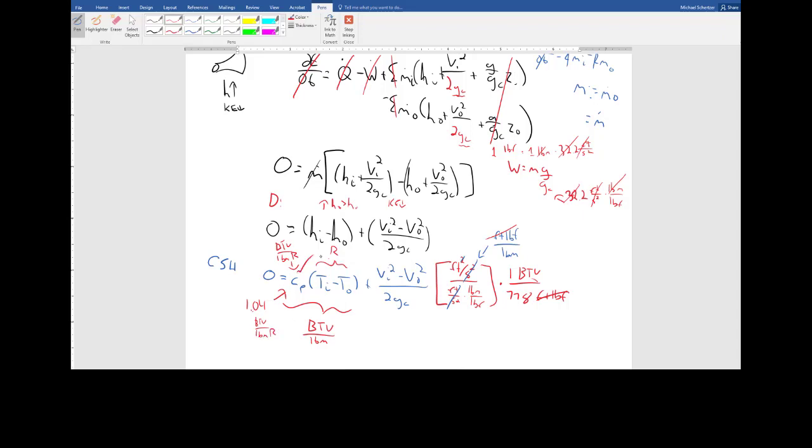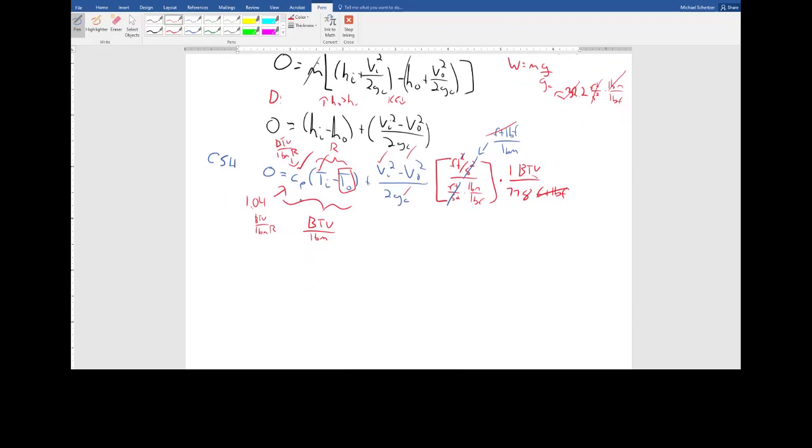Right, so now I know this. I know the inlet temperature. I don't know the outlet temperature, but I know these two velocities, and I know GC. So I could use this equation now to solve for T out.